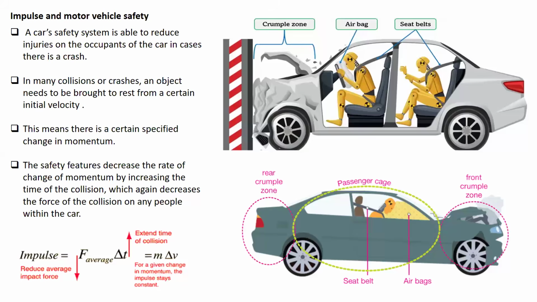Now listen to my logic. Safety in motor vehicles is a very scientific concept. When you speak about safety, you are talking about the concept of saving human life in the event of an accident, in the event of a collision.